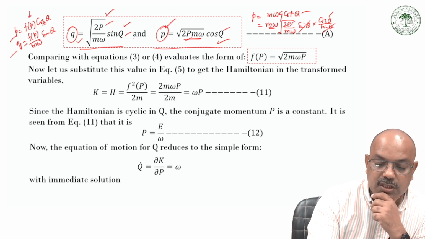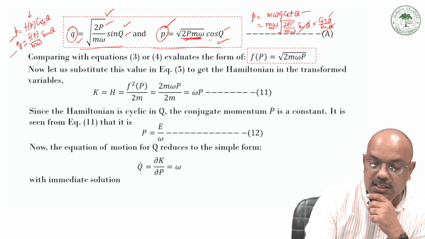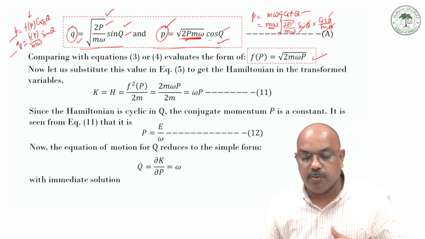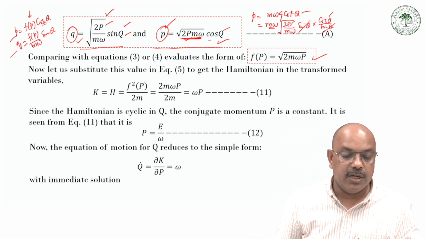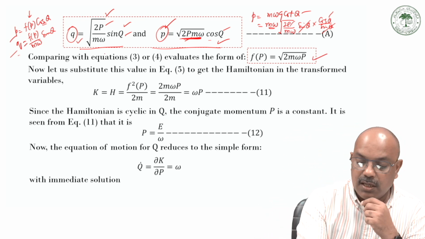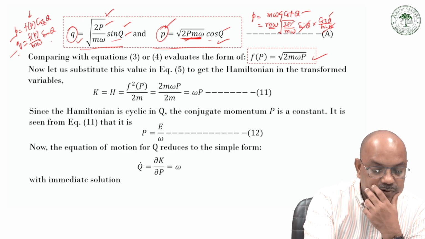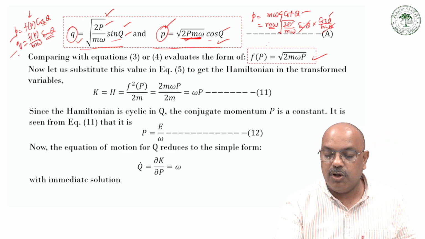So f(P) cos Q, with this cos Q, is the square root of twice m omega P, and similarly from the sine Q relation, f(P) is going to be the square root of twice P over m omega.